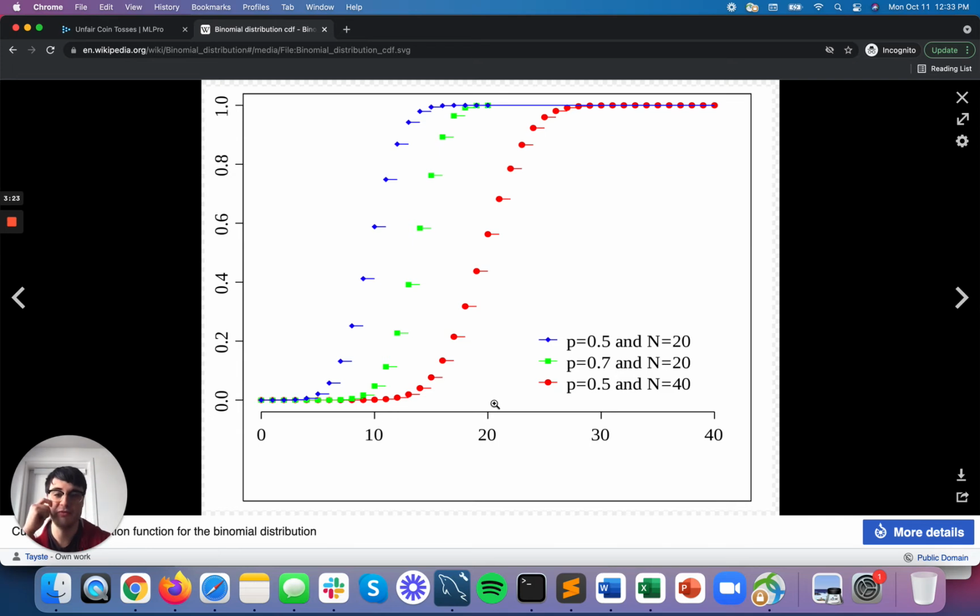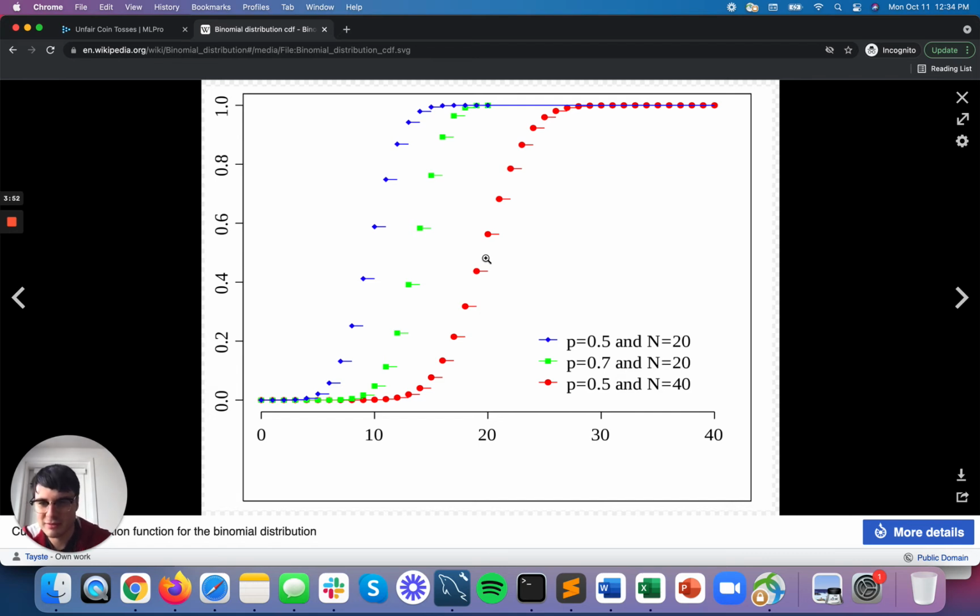So for example, if we flip the red one, again, represents a fair coin, 50% probability of success, and 40 tosses, then the probability that we're going to get exactly 20 heads or less than 20 heads is, as you could imagine, right at 50%.